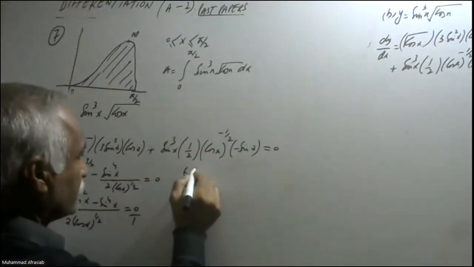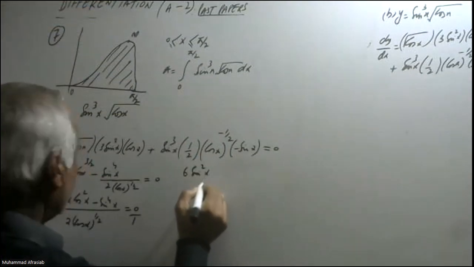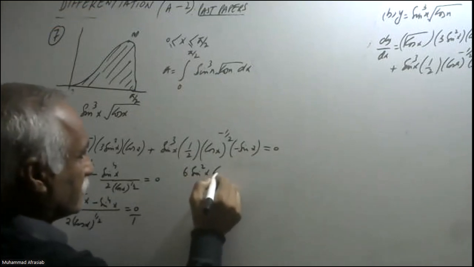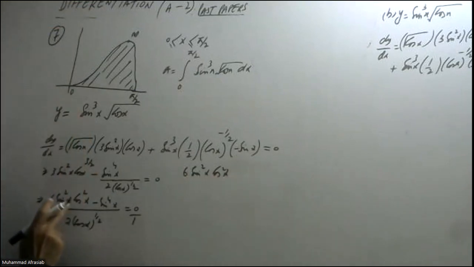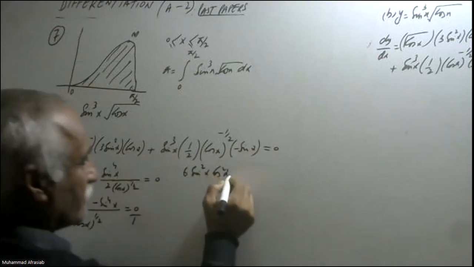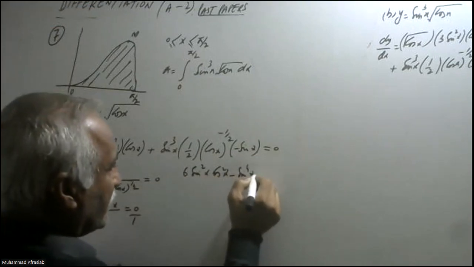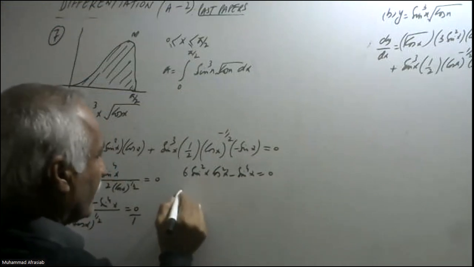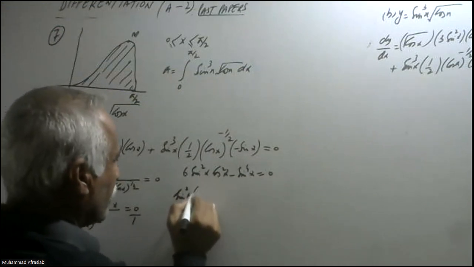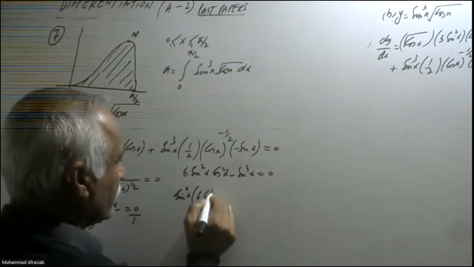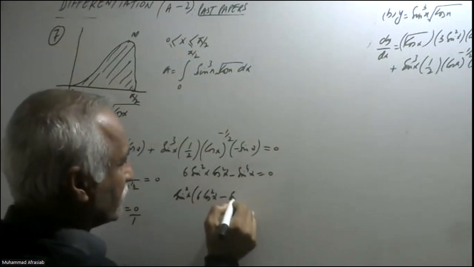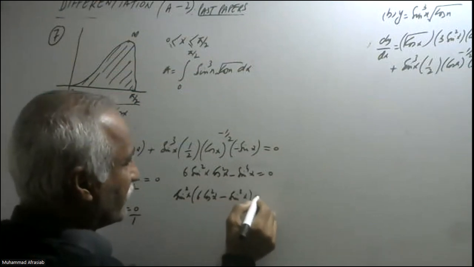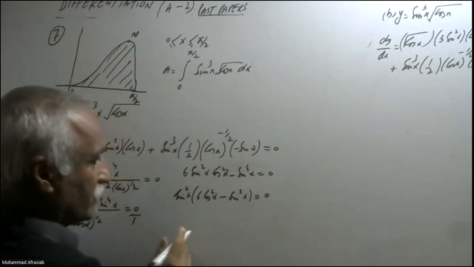So this expression will be equal to 6 sine square x cos square of x minus sine of 4x is equal to 0. Now taking sine square of x as common, it is sine square of x into 6 cos square of x minus sine square of x equal to 0.